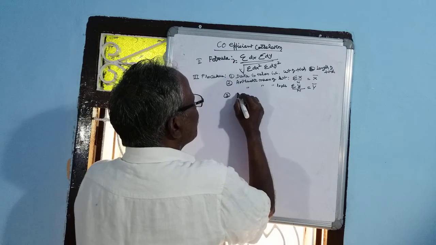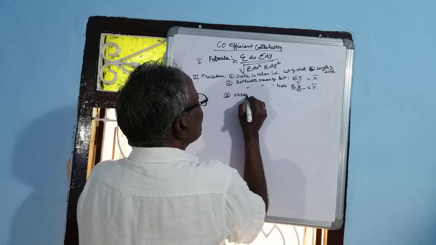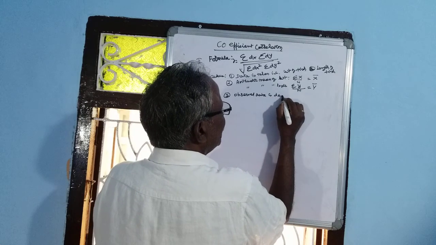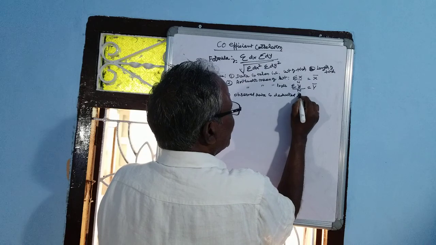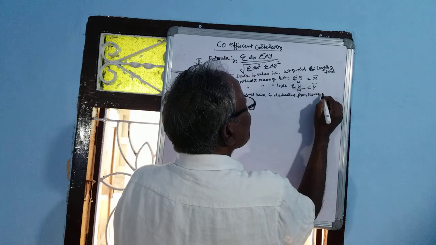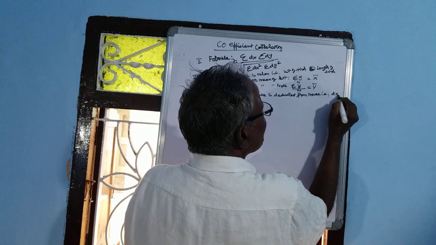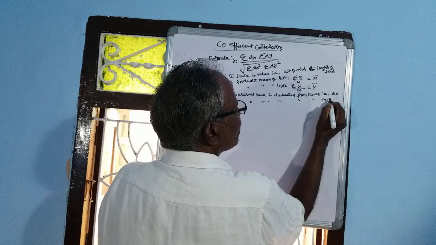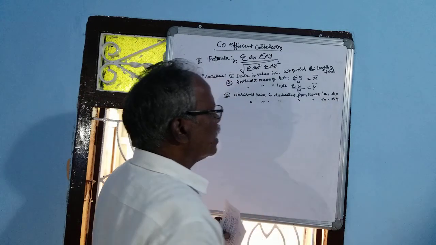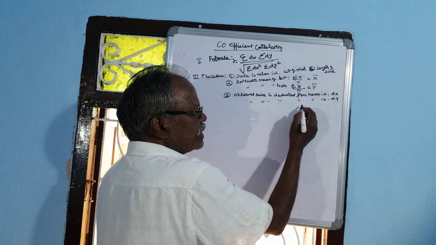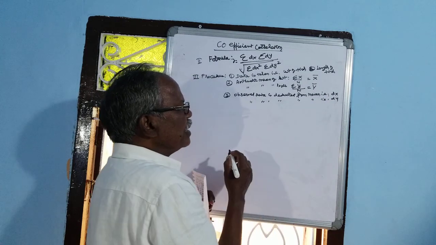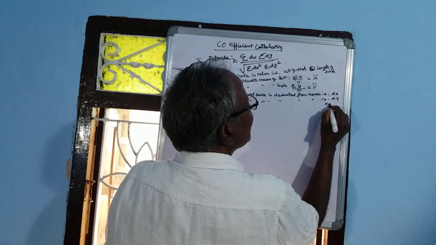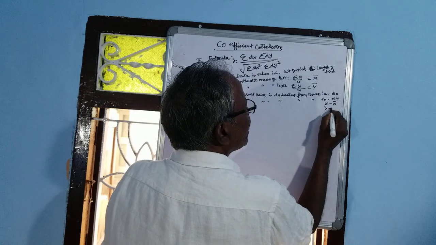The mean is deducted from the observed data, that is called dx, and similarly for length, that is dy. So for weight it is dx, the deviation, and for length it is dy, that is x minus x dash and y minus y dash.